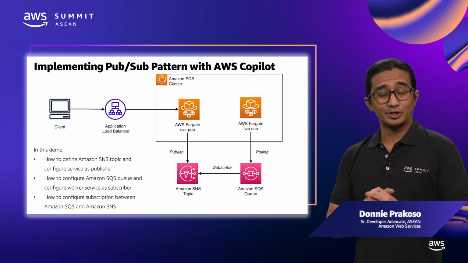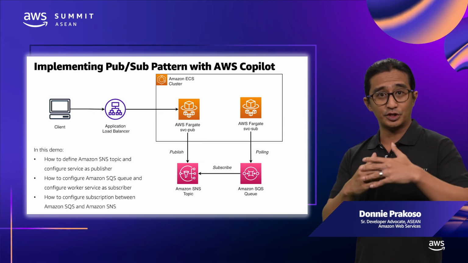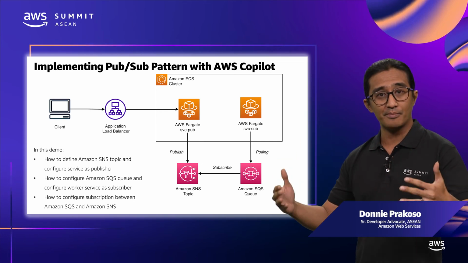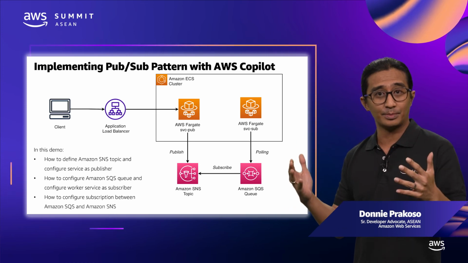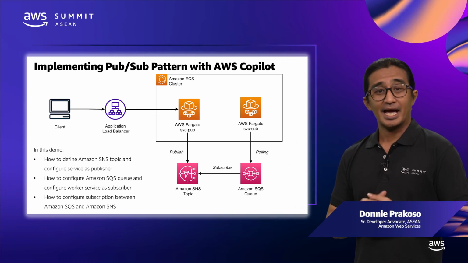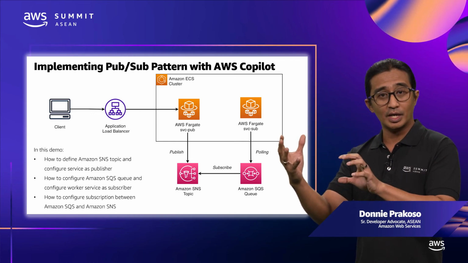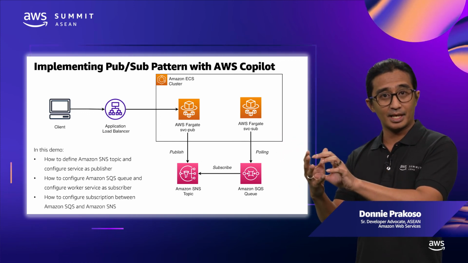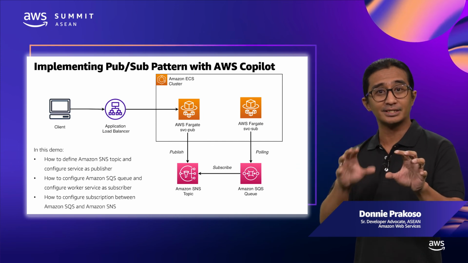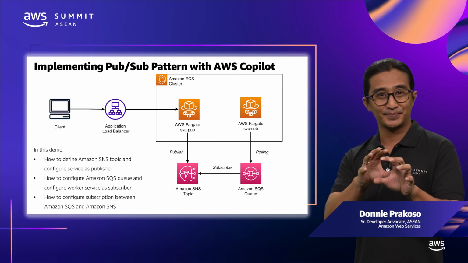SNS is a fully managed pub/sub messaging service that lets you fan out messages to large numbers of recipients at one time using topics. And with Amazon SNS, you can easily subscribe an Amazon SQS queue to an Amazon SNS topic, allowing your services to process the message independently at scale.